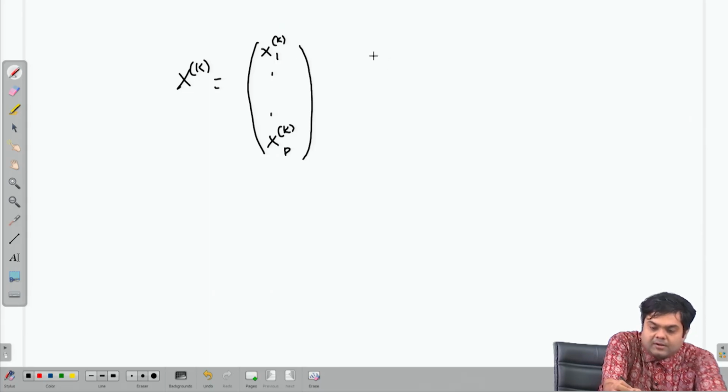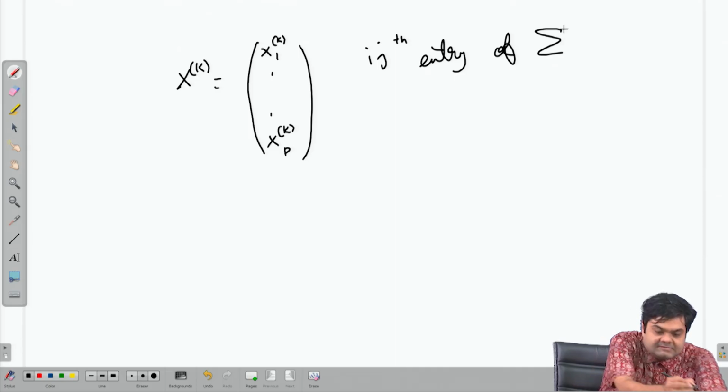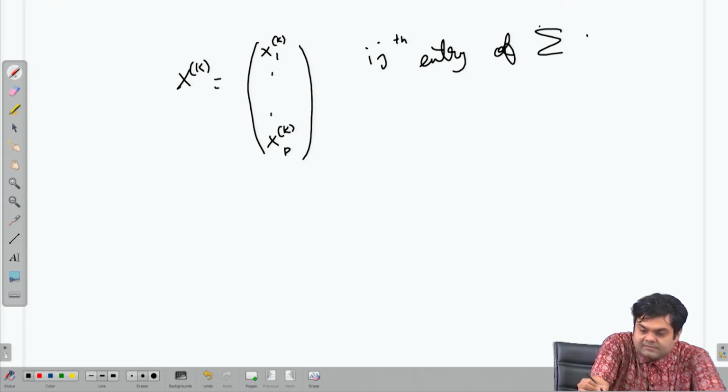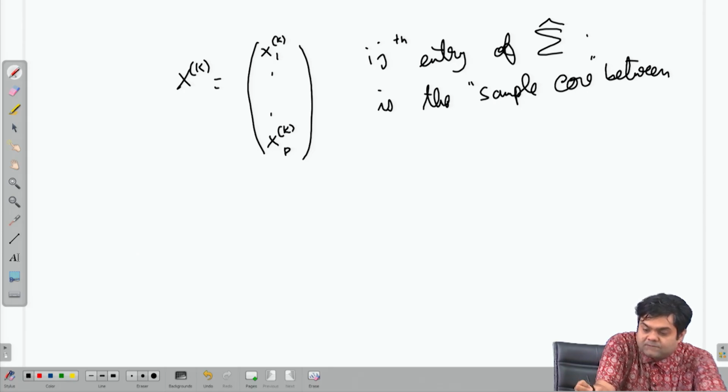So, the ij-th entry of sigma hat is the sample covariance between the ith and jth dimensions.